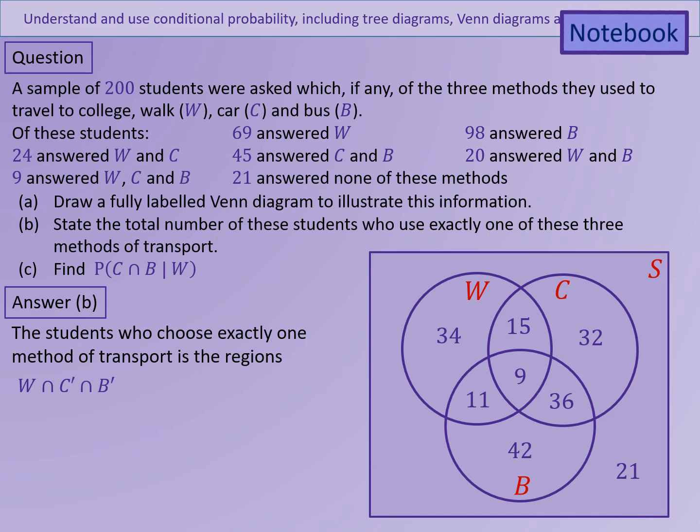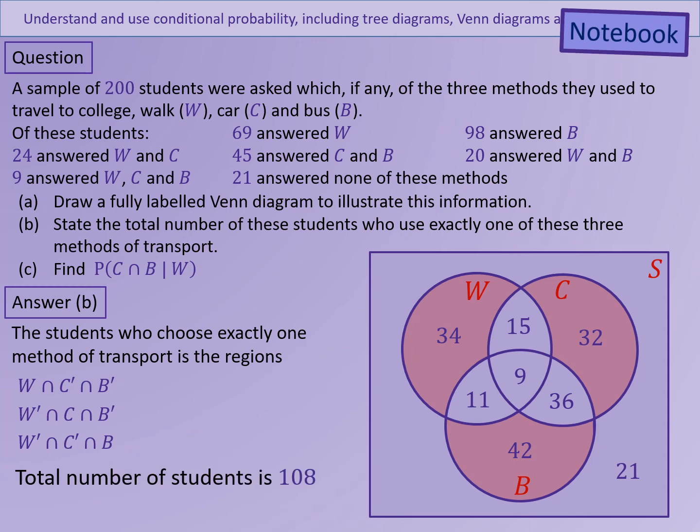So the probability of walking but not car and not bike would be that one. The probability of not walking, not biking, but definitely car. Notice it's an and. And the probability of bike but not walking and not car is that one. All right. And do not forget that each of these results is out of a possible 200 students.